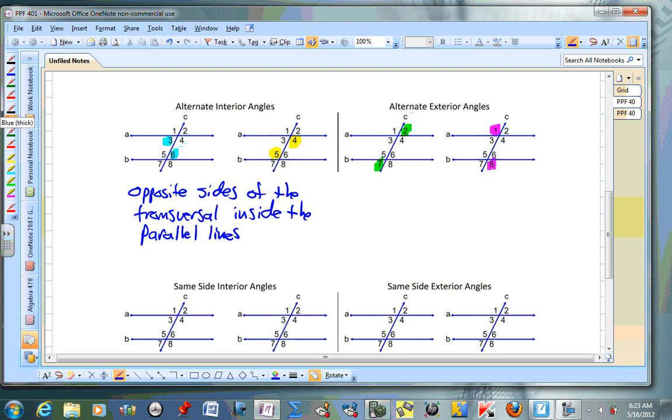Okay, now let's talk about exterior angles, alternate exterior angles. Well, these are opposite sides of the transversal. And they're outside the parallel lines.